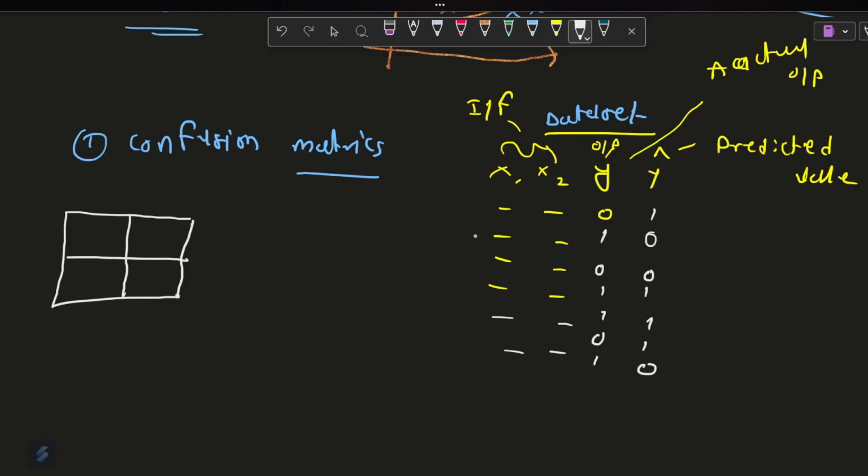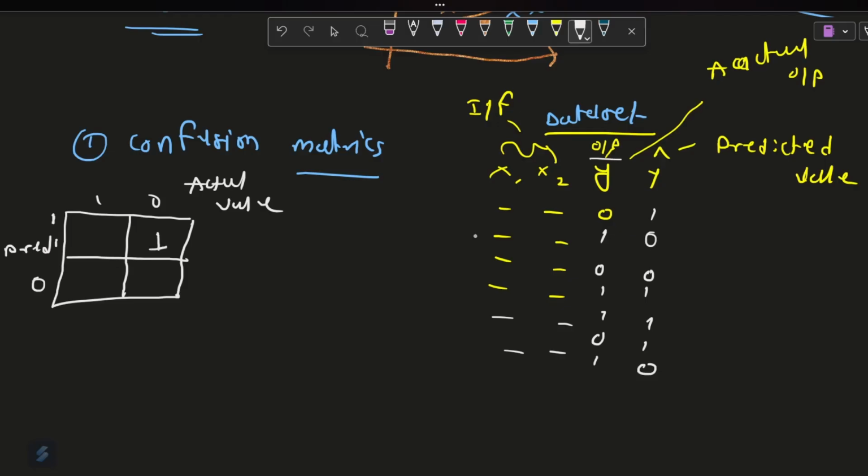In that case, there's the actual value, and these are predicted. Okay, this is predicted, and this is 1, 0, 1, 0. So when we look at the actual output and the predicted output, 0 and 1 means it comes somewhere here.